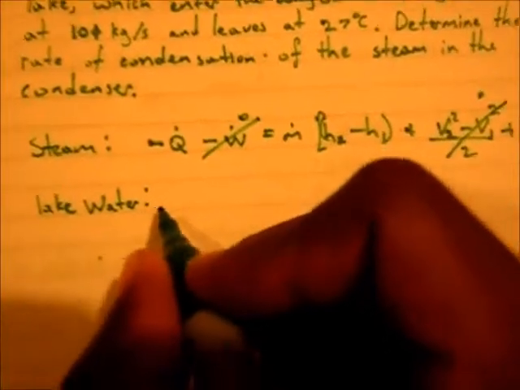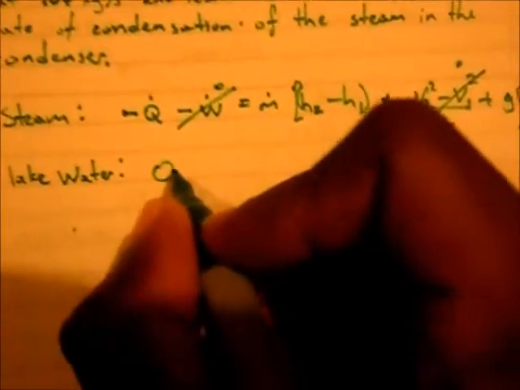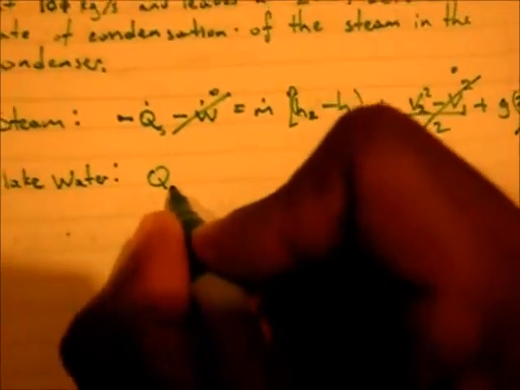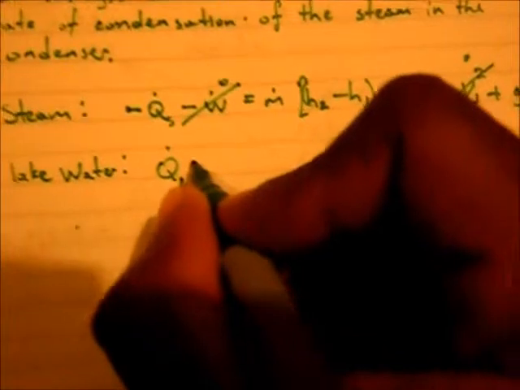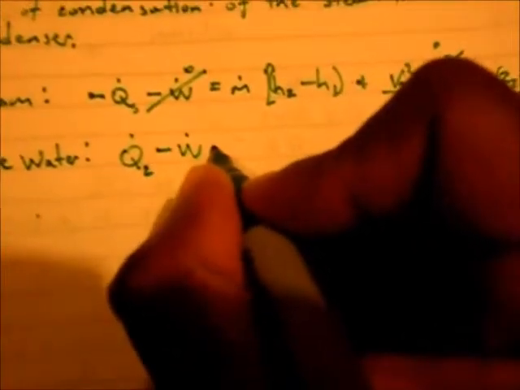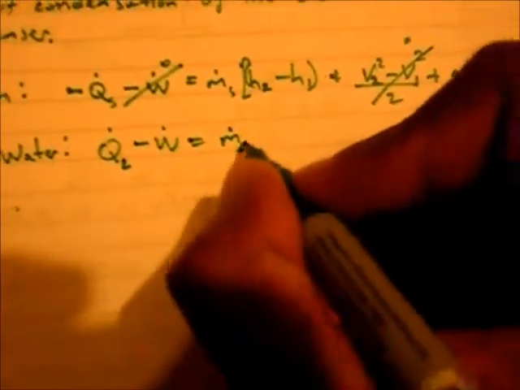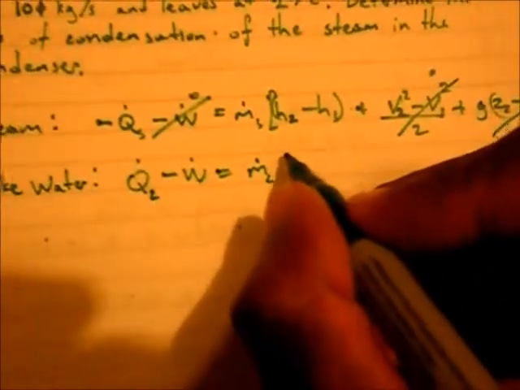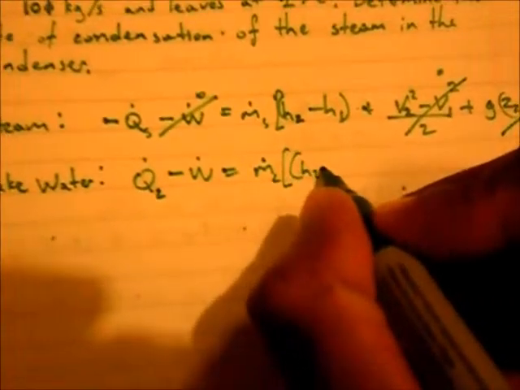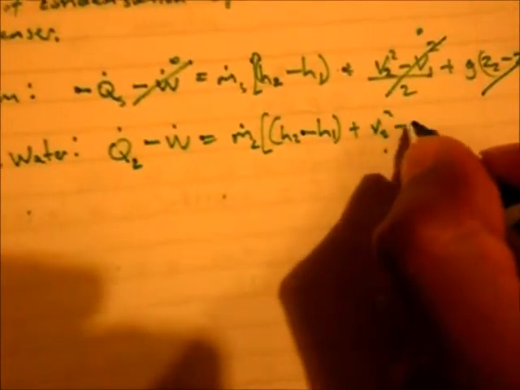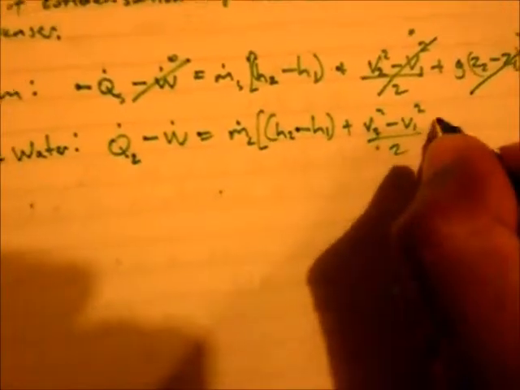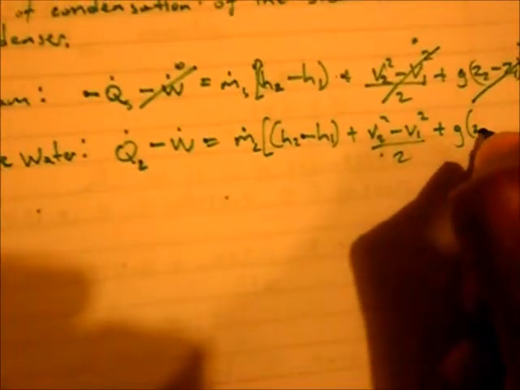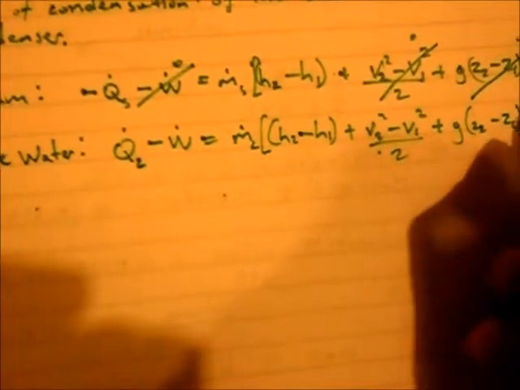And for the lake water, we're going to call these Q for the steam S, and for the lake water L. Q dot minus W dot equal to m dot, let me just put on the proper subscripts, times (h2 minus h1) plus (V2 squared minus V1 squared) over 2 plus g (z2 minus z1).